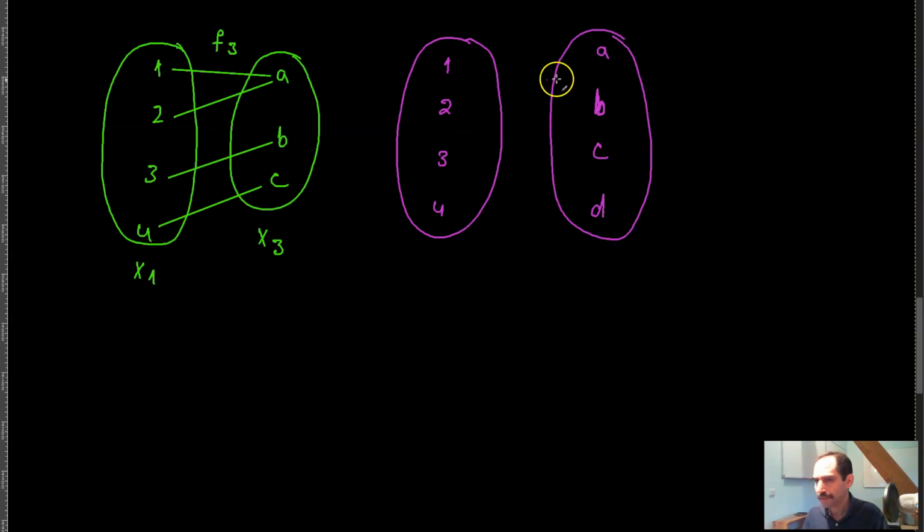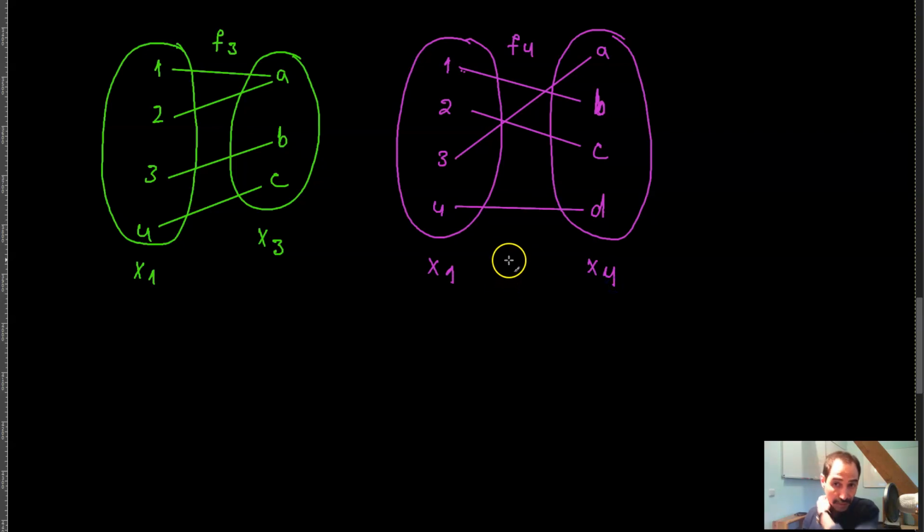And so suppose that 1 has been mapped to B, and 2 has been mapped to C, and 3 has been mapped to A, and 4 has been mapped to D. And call it, for example, F4. And this is X1 to X4, right?